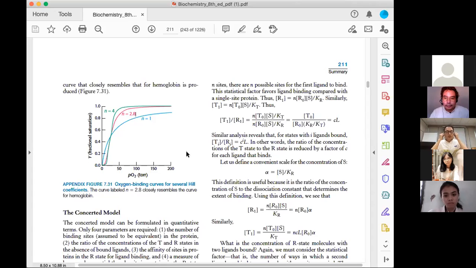Let me just give you one more example that helps people understand how important cooperativity is for survival. Okay, so now you understand that cooperativity is one of the criteria for natural selection.